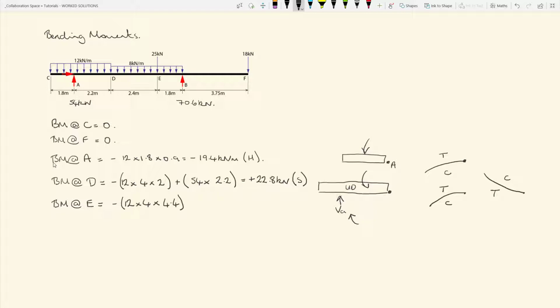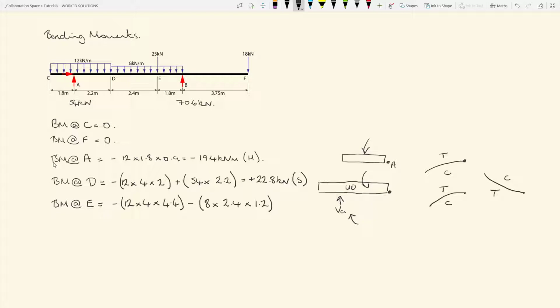Now we'll consider the 8 kilonewton load acting about E. It is causing tension in the top, compression in the bottom, so again it is negative, and that's going to be 8 times 2.4 times the lever arm, which is 1.2 meters.